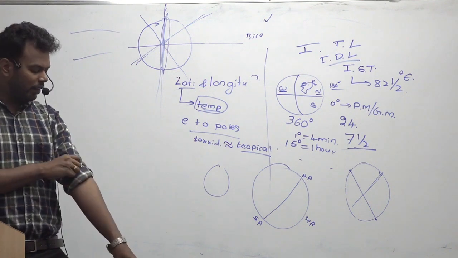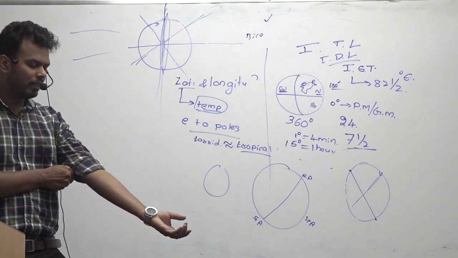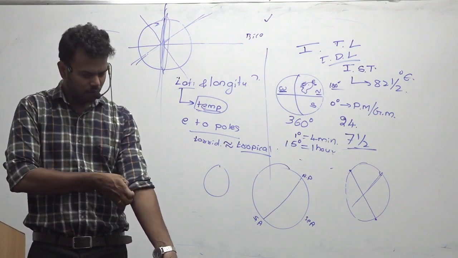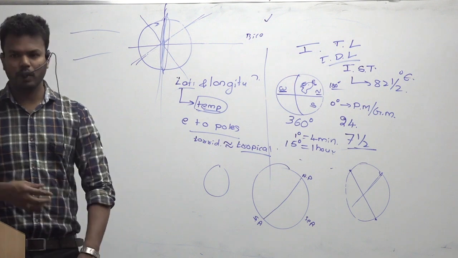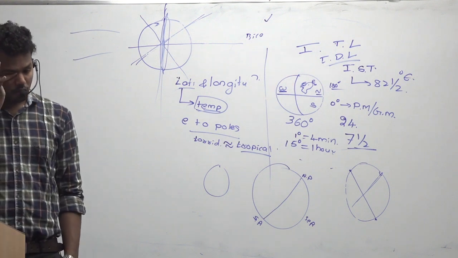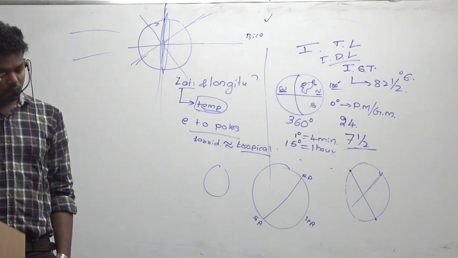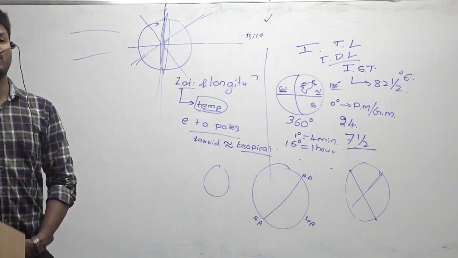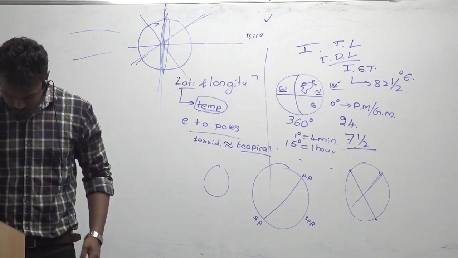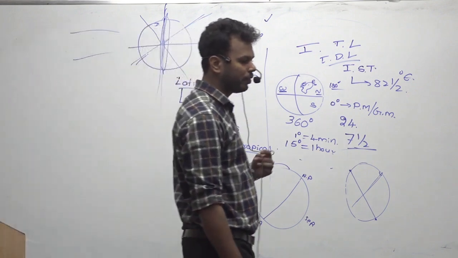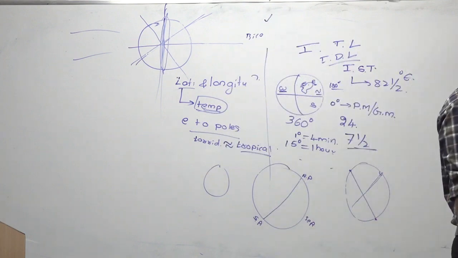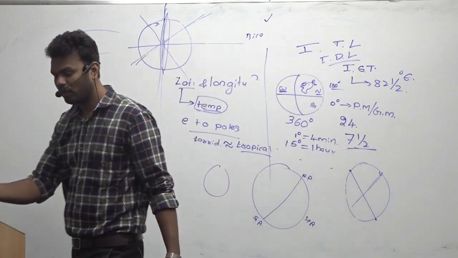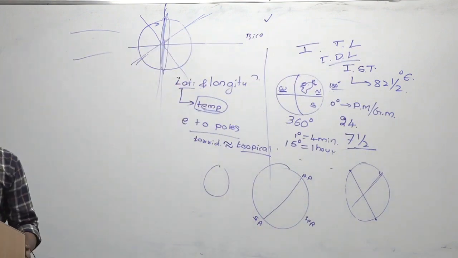Next, as the division is happening because of sunlight, it is called the great circle of illumination.